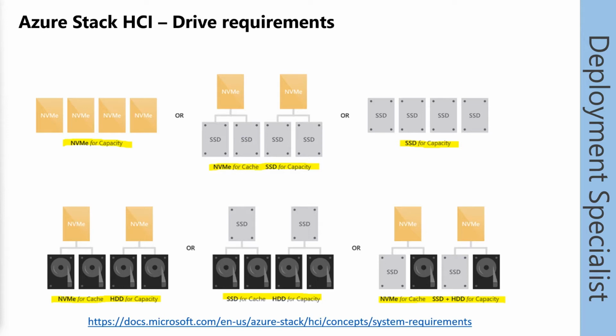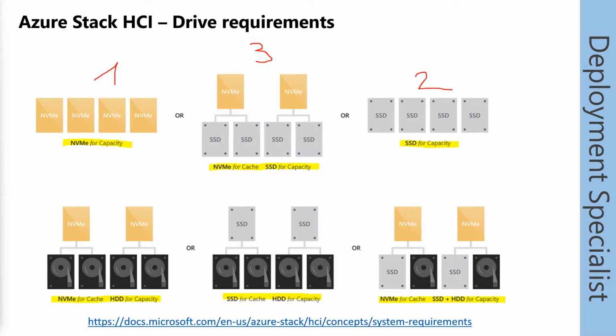We cannot use configuration option 1 in server 1 and configuration option 2 in server 2 and configuration option 3 in server 3. So each server in our Azure Stack HCI configuration has to be from type 1 or from type 2 or from type 3. So each server needs the same drive layout, the same number, the same types.